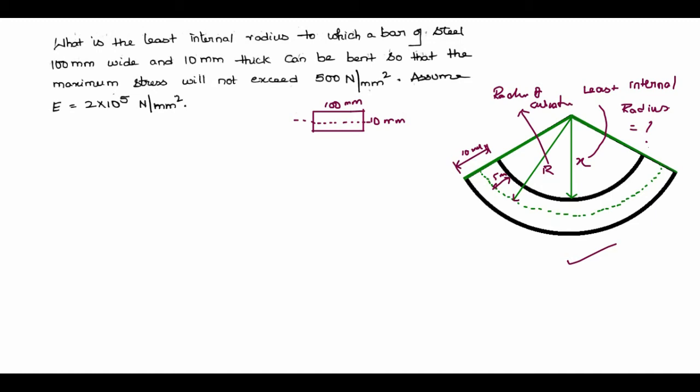As you can see from this figure, r is equal to x plus b by 2, x plus 10 by 2, which is equal to x plus 5. So what is the value of x? R minus 5. So if you calculate the value of r, you can easily calculate the value of x.